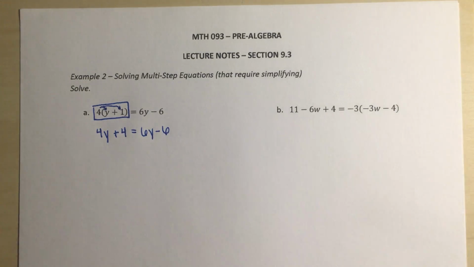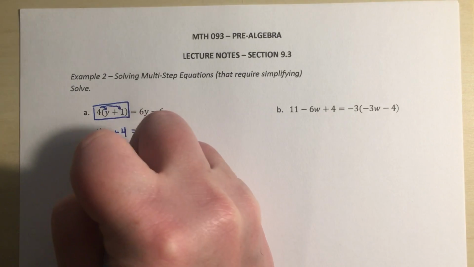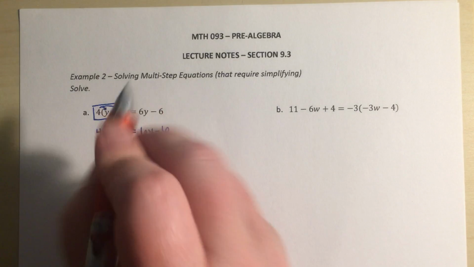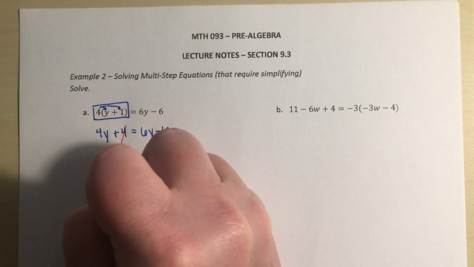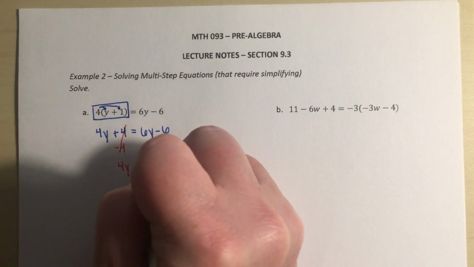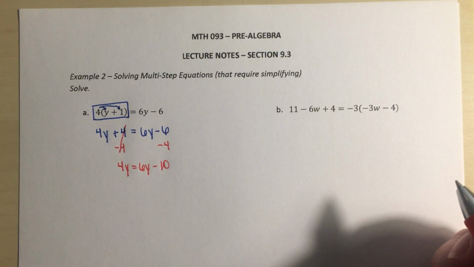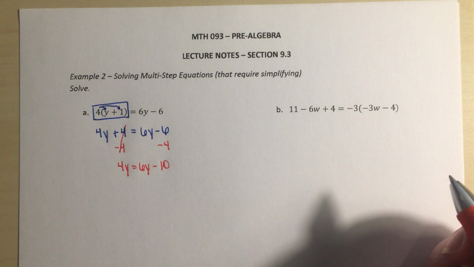Now what we have is something that looks similar to what we saw in the last example. We have 2 terms on each side, 1 variable term, 1 constant term, so we're going to start by moving stuff around. We're going to get rid of the number that's on the left, so we're going to get rid of that 4. 4y equals 6y minus 10. Negative 6 and negative 4 add to give us a negative 10 because they're the same sign.